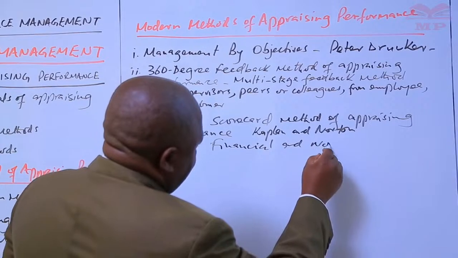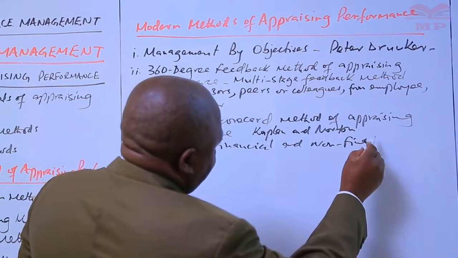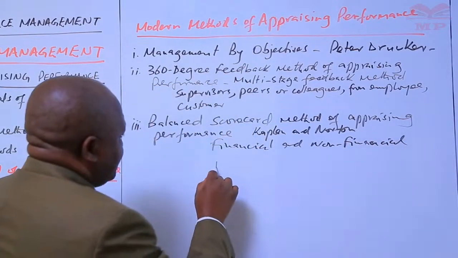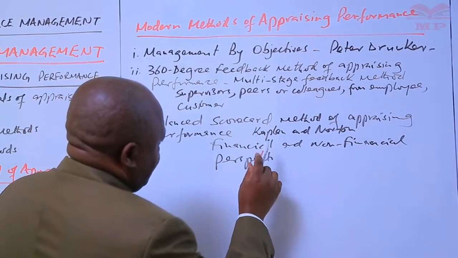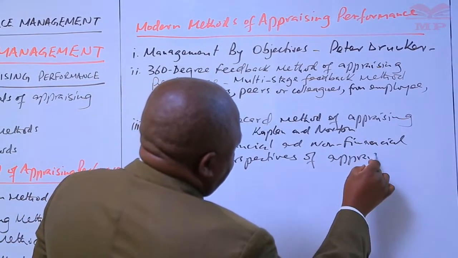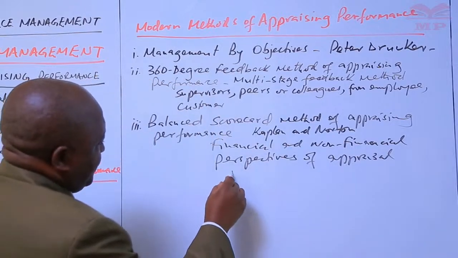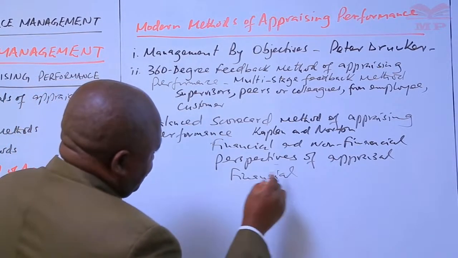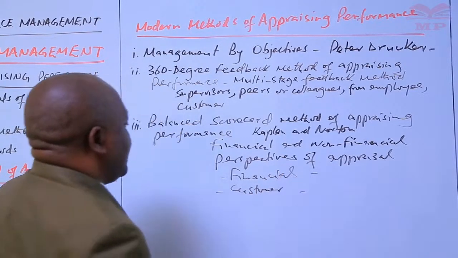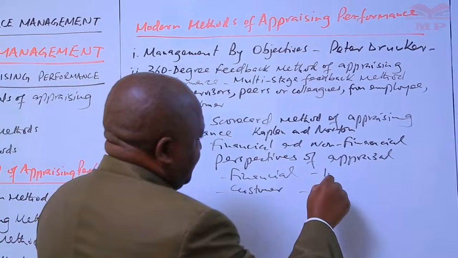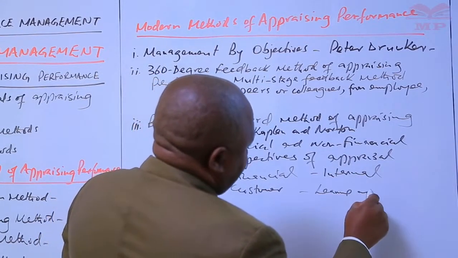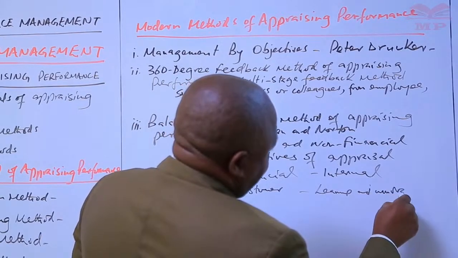The most important and crucial aspect is that this balanced scorecard appraisal of performance looks at financial and non-financial perspectives of appraisal. So you are looking at the financial perspective, the customer perspective, the internal perspective, and the learning and innovation perspective.